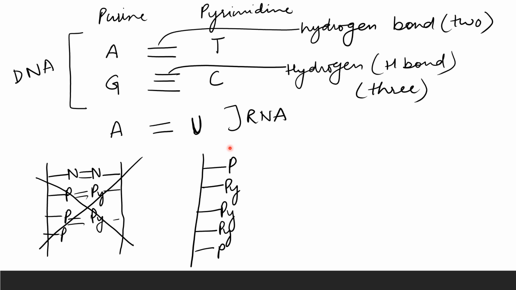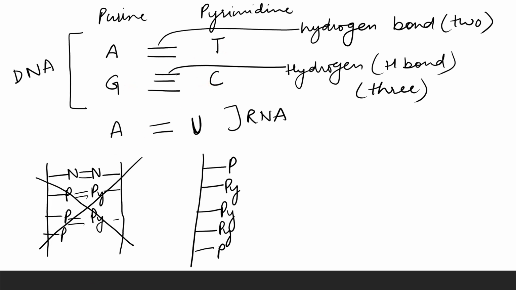But for one species, it will remain the same. For example, in a cat it is different, but it is one species. So in one species, it is the same. For human beings, it is the same. So this could be anything, pyrimidines, purines, anything. But what is important is that purines will always make a pair with pyrimidines, right? So A will always pair with T and G will always pair with C in case of DNA.